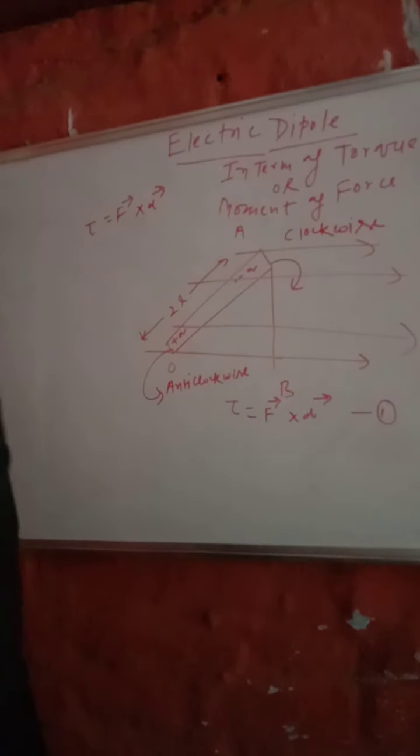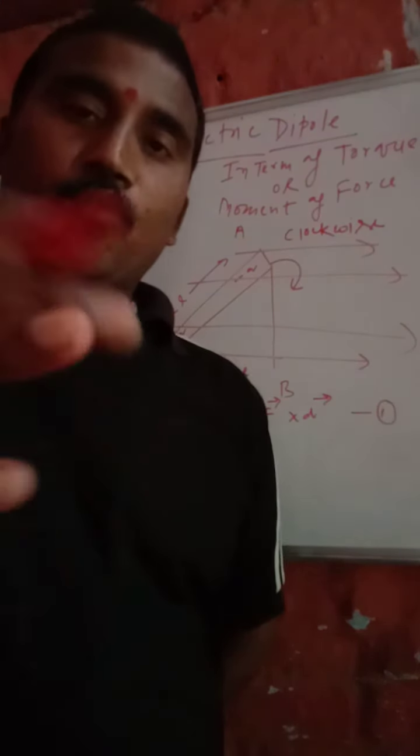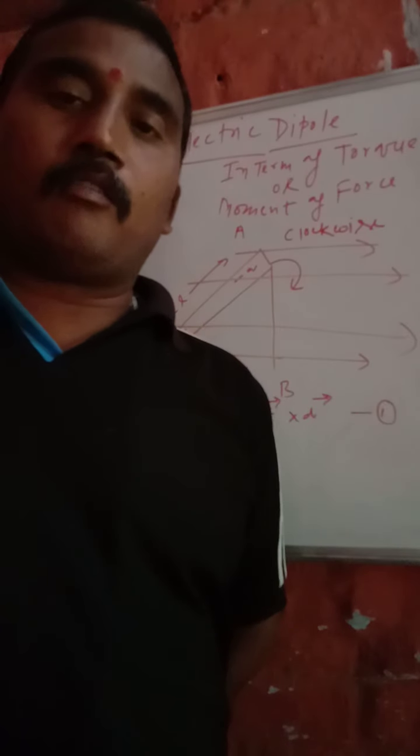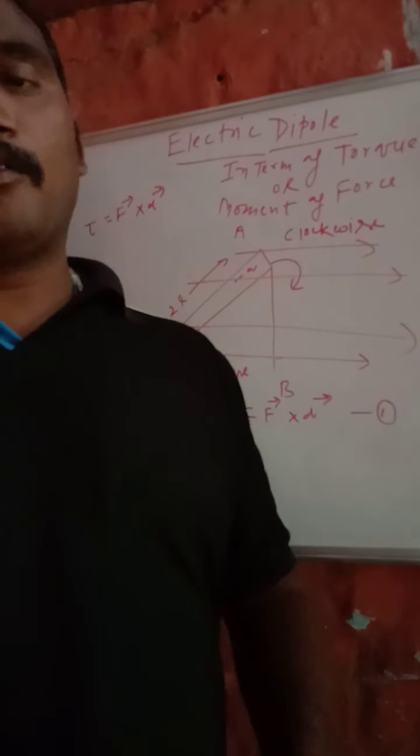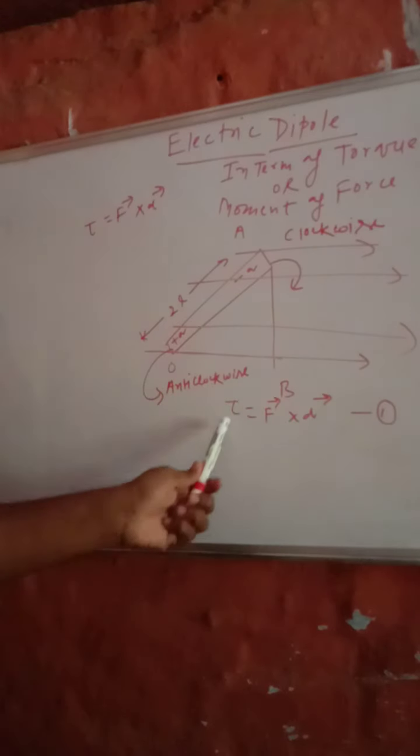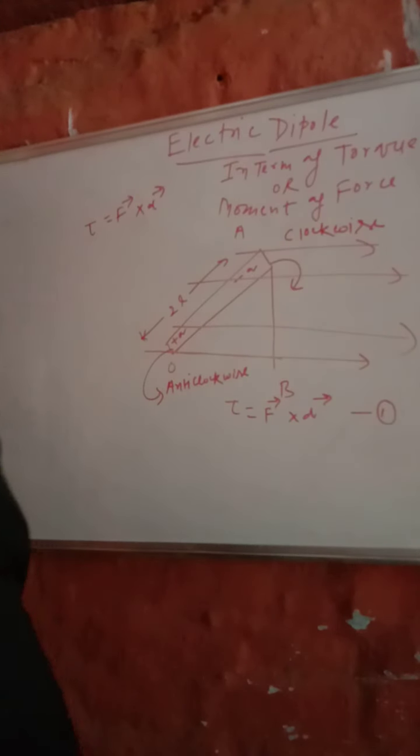An electric dipole placed in an electric field will move in the direction of sometimes clockwise and sometimes anti-clockwise. Therefore, the relation is tau is equal to vector F into d.